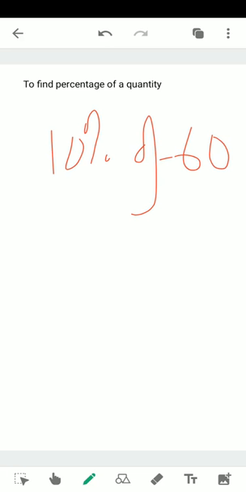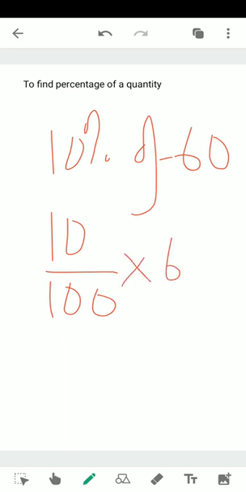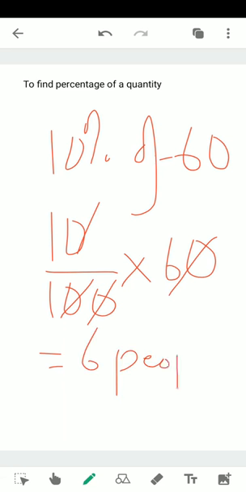Then that person asks me how many actually passed in that examination. It's very simple. You just make it 10 by 100 into 60 and write it. So I can say that actually 6 people passed in that examination.